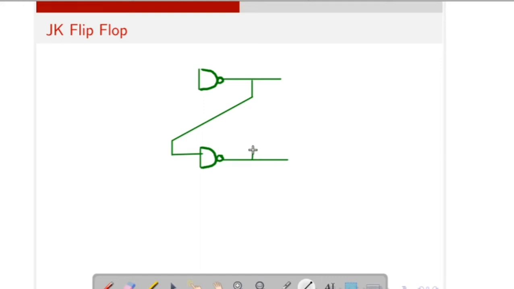Similarly, the output of the second is fed back to the first. Then these are the inputs. Then it is converted to active high SR latch by complementing the inputs.